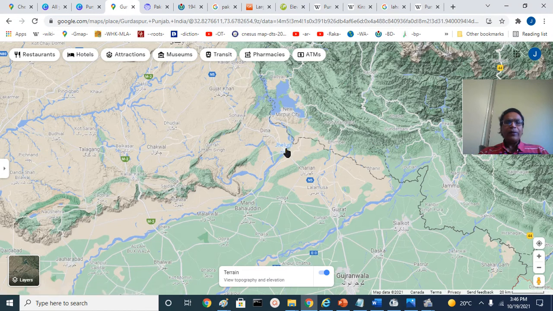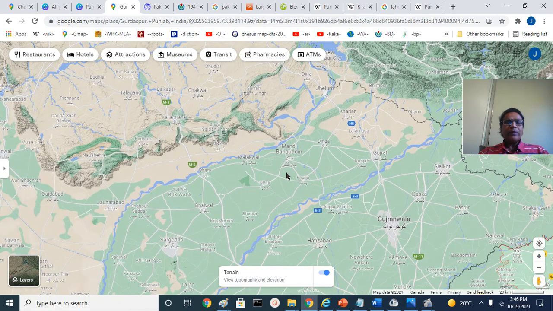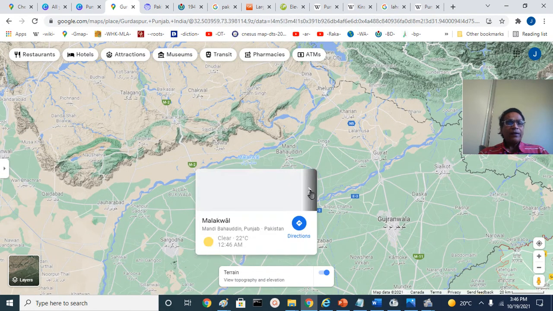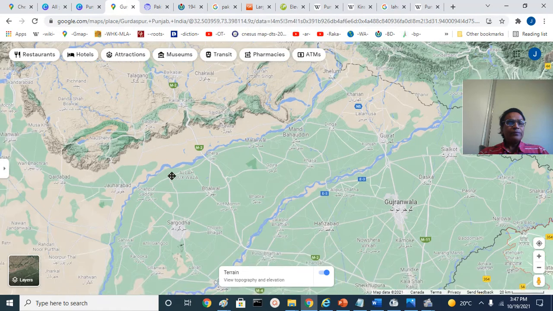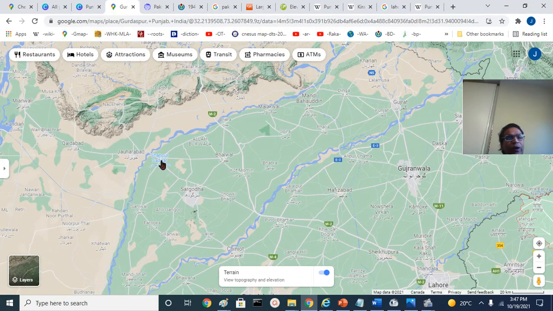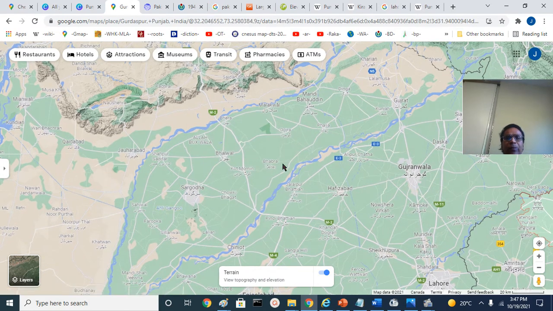And we have JHELUM, and it goes next to the Gujarat District here, JHELUM District here, Mandi Bahauddin District here, and we have Shapur town and Juhirabad town, the Sargoda, and this is the Kushab area, and this is the Chenab river.